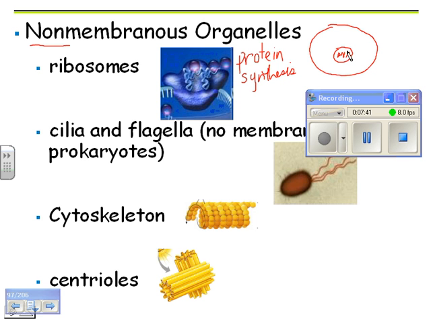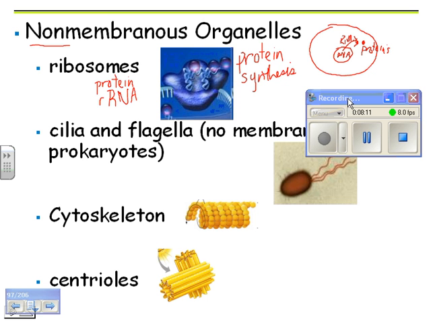The DNA makes RNA, and then the RNA goes out of the nucleus and over to a ribosome, and that's where you'll make your proteins. Ribosomes are actually made out of protein. Their physical structure is made out of protein and a special type of RNA called ribosomal RNA. No membrane at all, no lipid bilayer, no phospholipids, none of that.